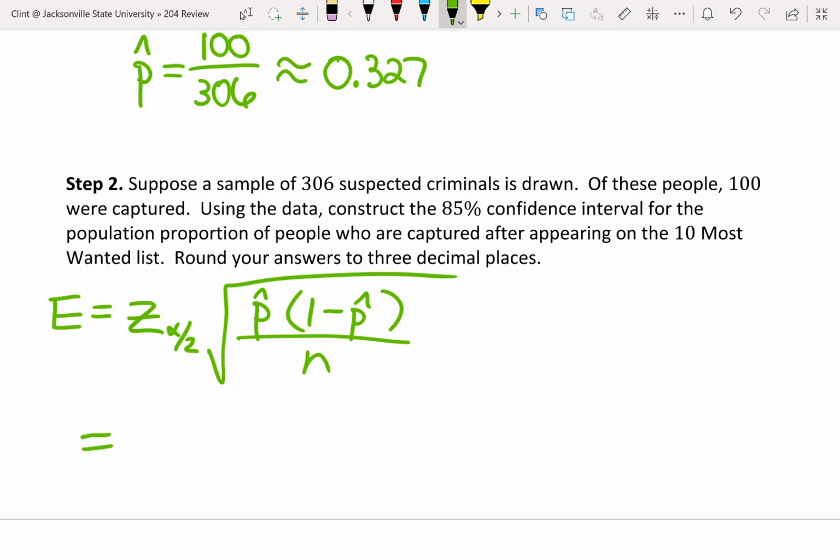So for our critical z, we want to be 85% confident. So we go to our little table on the bottom of table B again. So 1.44 for 85%.